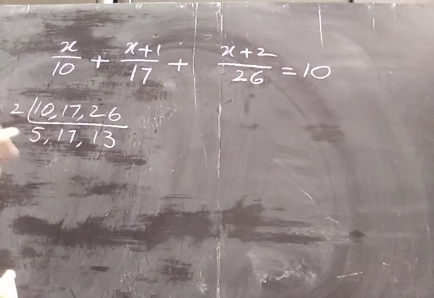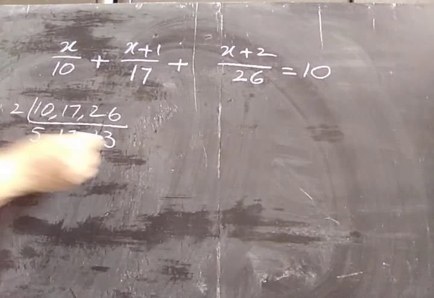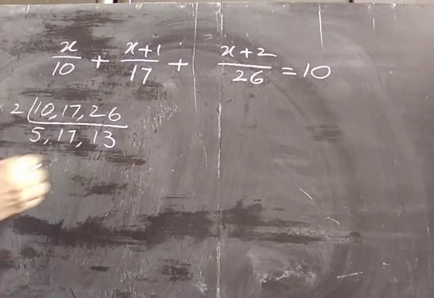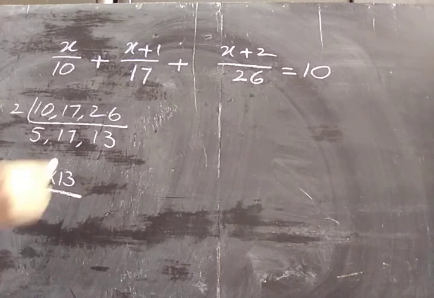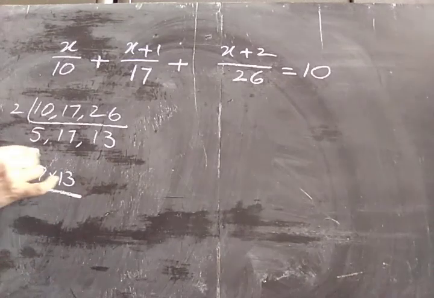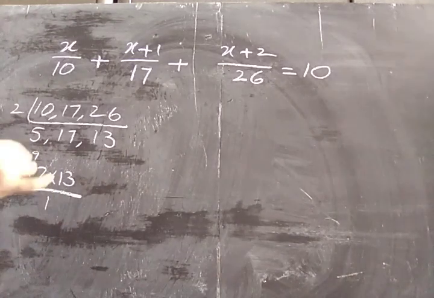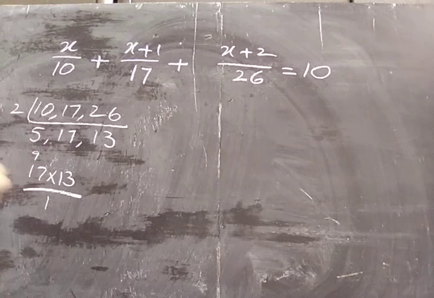That's all. These are three co-prime numbers only. So, you multiply the big numbers only. 17 into 13. 13 sevens, 91. 13 ones 13. 13 plus 9, 22.